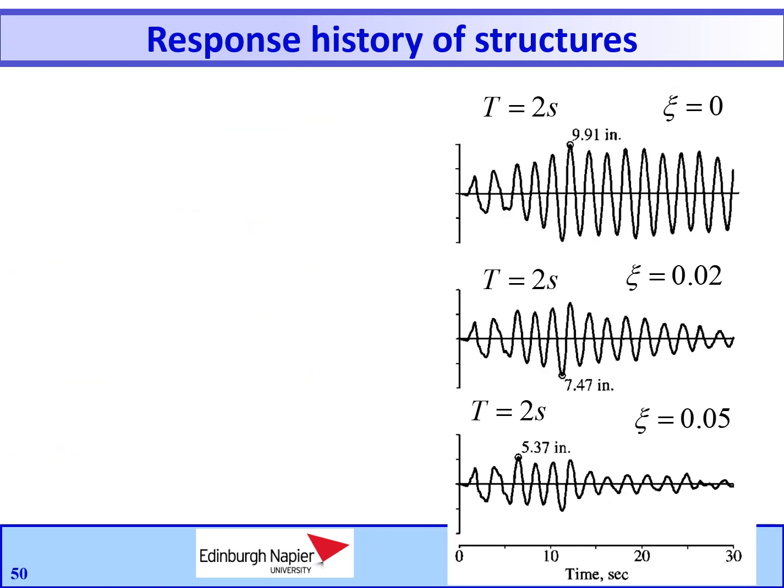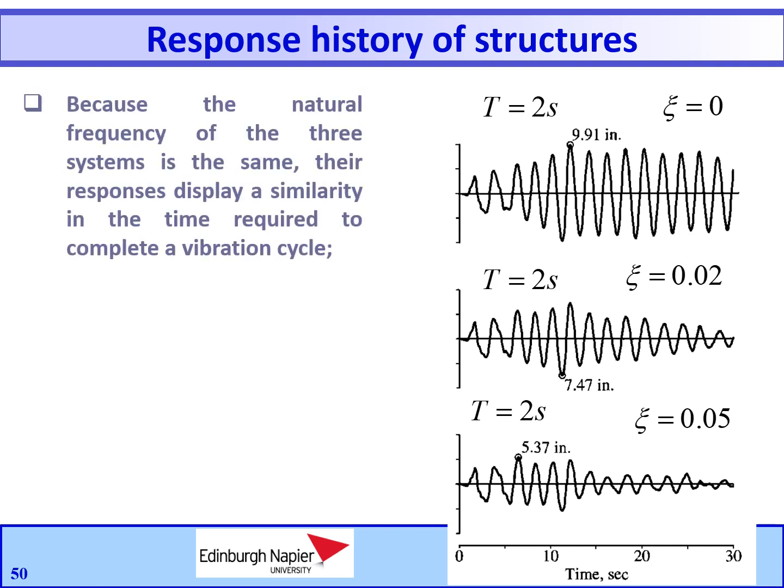In this figure here, we can see the deformation response of three systems to the same ground motion. The vibration period is the same for the three systems, so that the differences in their deformation responses are associated with their damping.